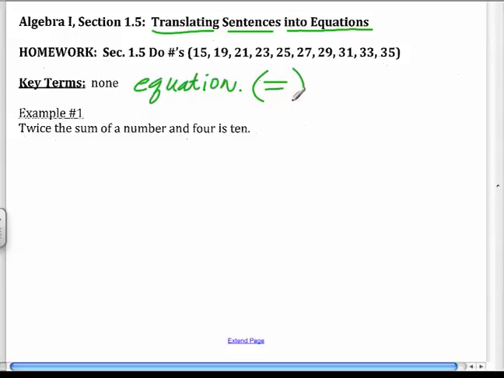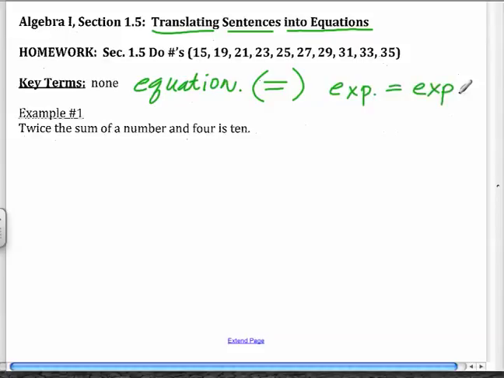Other things we just simplify. Expressions we simplify. We can evaluate by plugging in and simplifying. But if we're solving something, it has to be an equation or an inequality. And it's two equal expressions, one expression equals another expression.